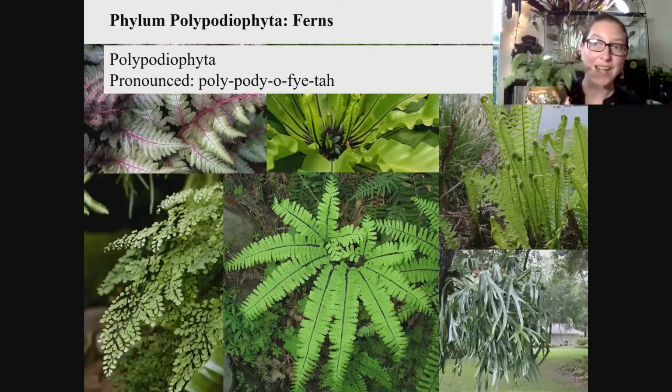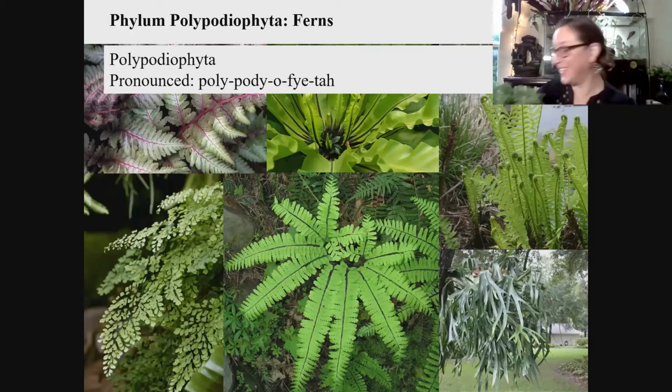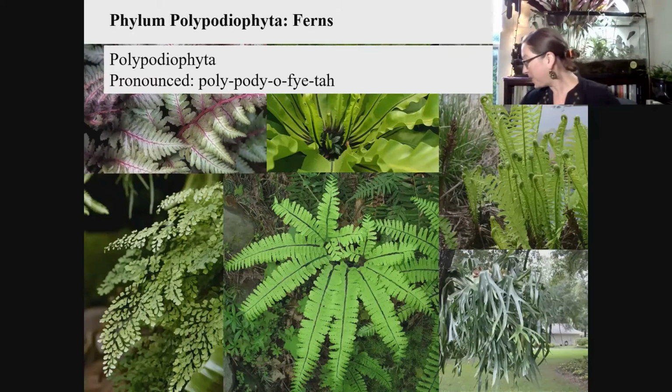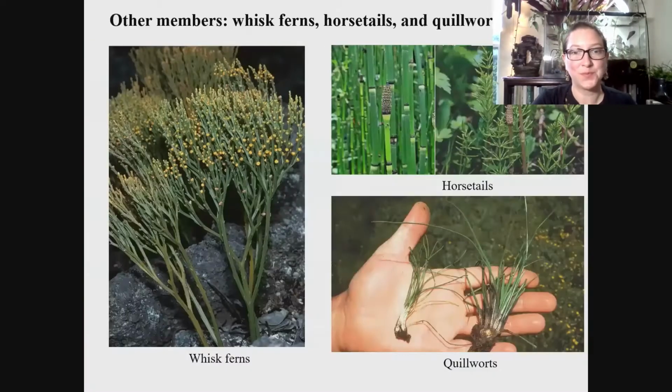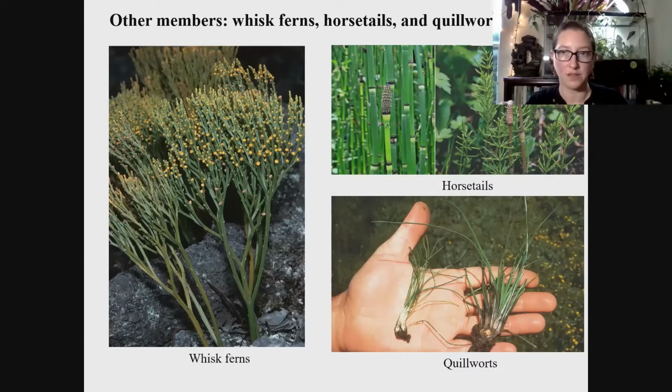Pretty nice. So we'll talk about ferns. Other things mentioned in the book which we won't cover are whisk ferns, horsetails, and quillworts. You should at least know that there are other spore-shedding plants other than just lycopods and ferns, but we won't cover these others in detail.